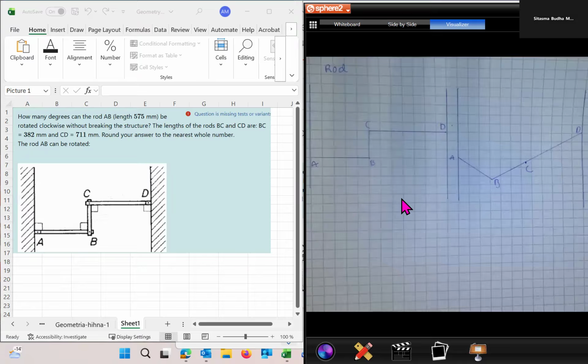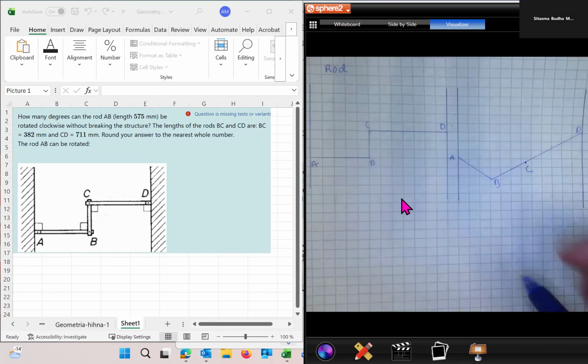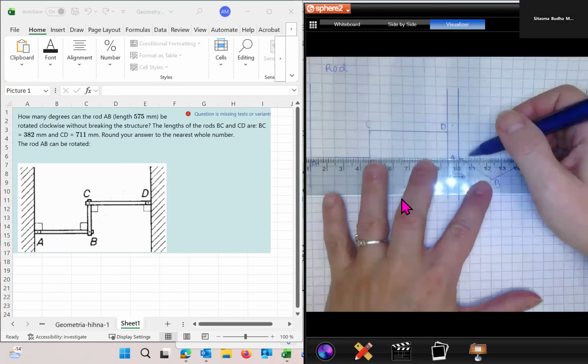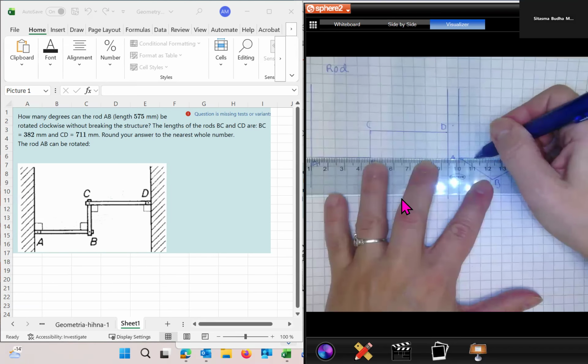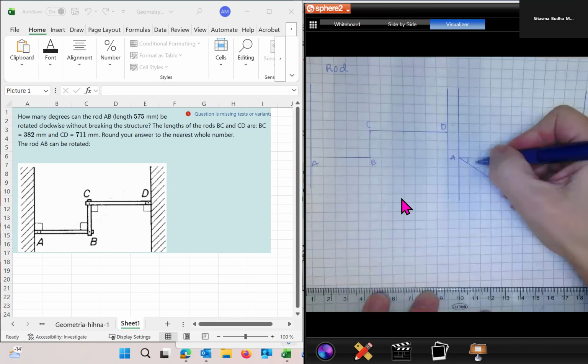And then we wanted to know how many degrees this went, how much this angle basically is here. So it starts from there, where it was, and here is the angle, and that's what we want to figure out.